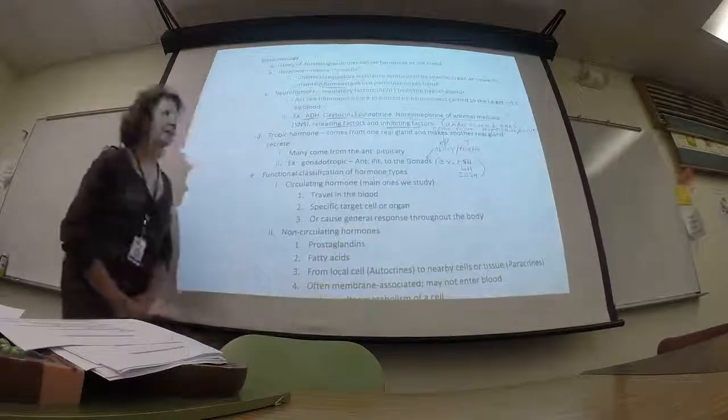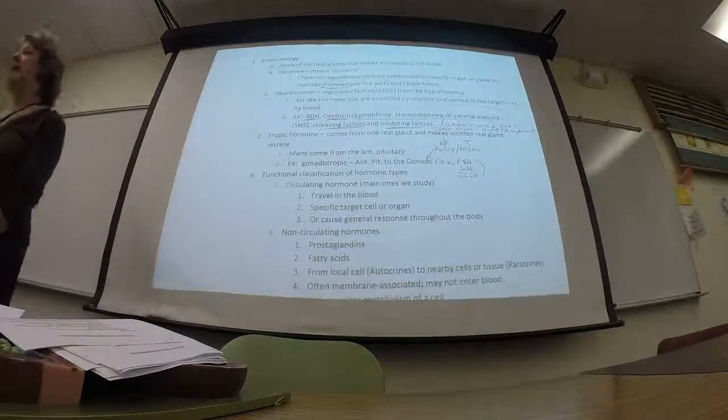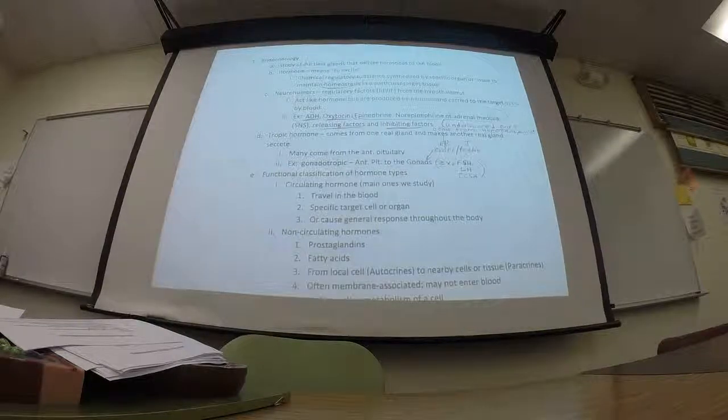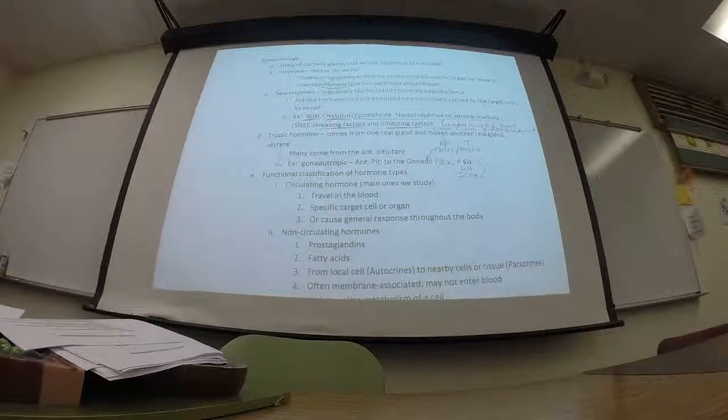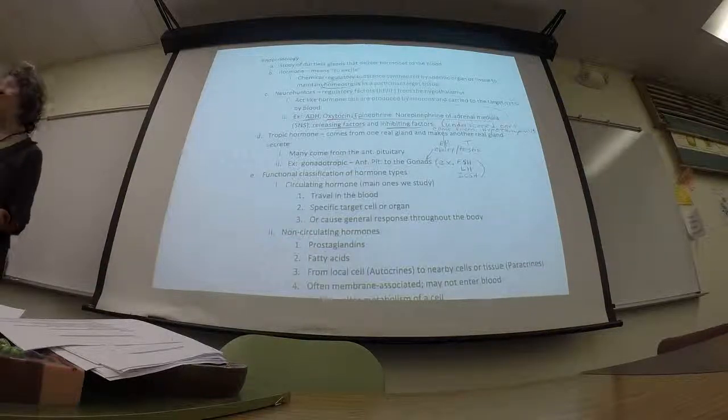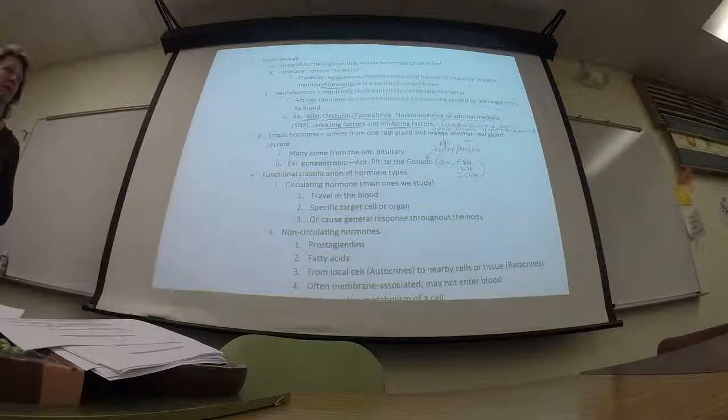The one that is circled is from your adrenal medulla. So they aren't really hormones, but if I asked you what are they, you wouldn't write hormone, you'd write neurohumor. But we always study them when we're studying hormones. The underscored ones come from your hypothalamus.